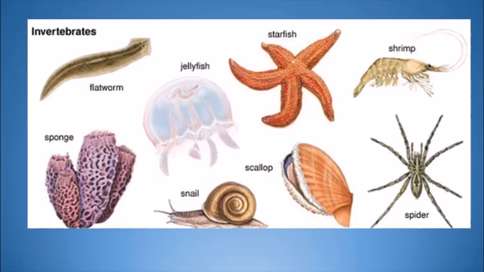So the animals without the vertebral column or without the spine or the backbone are called what? They are called invertebrates, that is the absence of the vertebral column. Examples can be jellyfish, earthworm, starfish, spider, shrimp, sponge and so on.